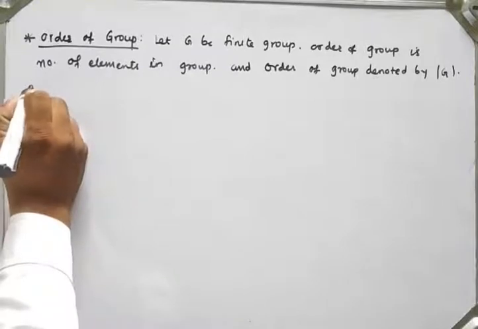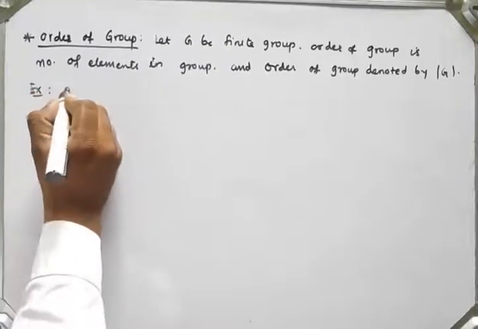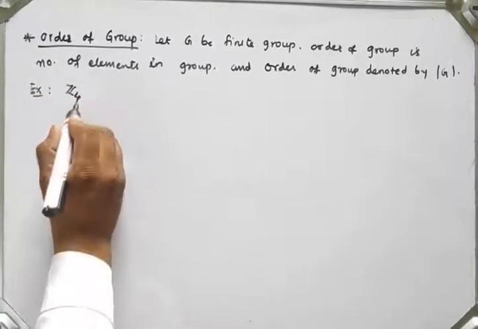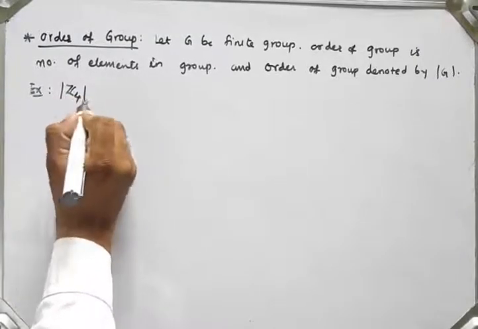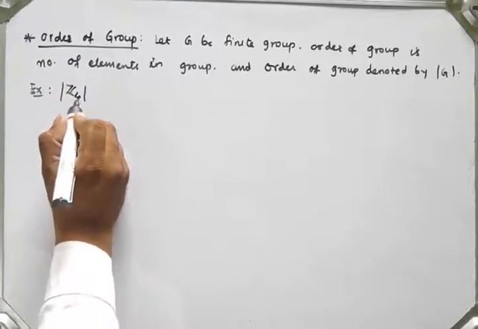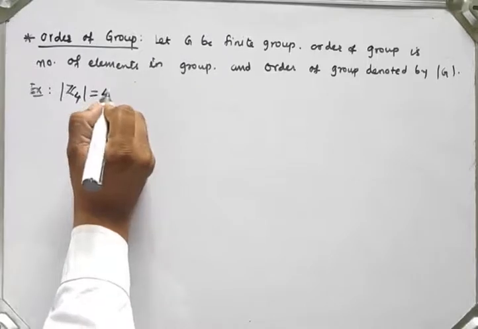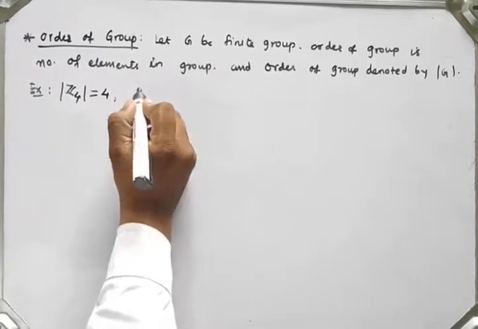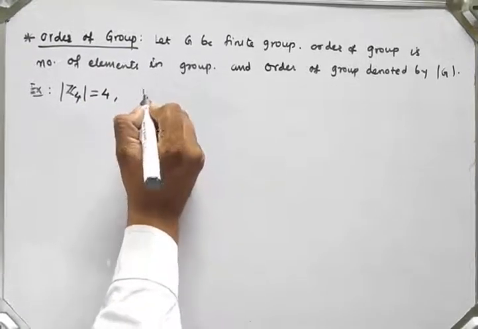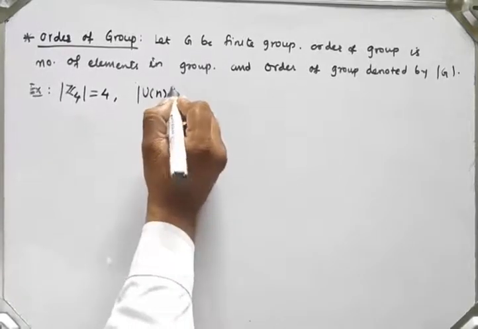For example, in Z4, how many elements are in Z4? 4. So the order of Z4 is 4. Now units in N. How many elements are in U of N?